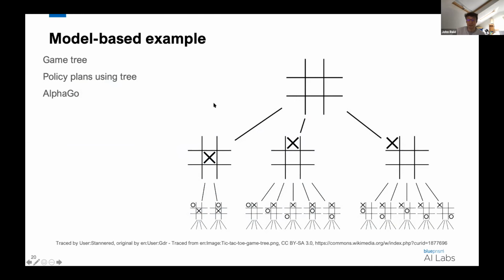And here we've got tic-tac-toe as an example. Now, if the agent knows how the game works, obviously it can do some planning using this game tree. The typical examples for game playing would be a minimax search over the game tree, with all these specialist approaches like alpha-beta pruning and Monte Carlo tree search that you hear methods like AlphaGo using.